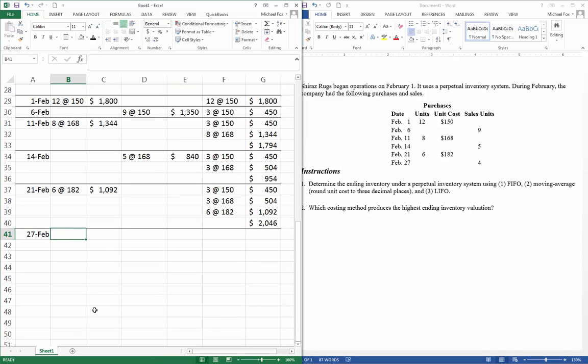Finally, on the 27th of February, we sell 4 units. And again, which one are we selling? Well, we're assuming we're selling the newest one, so the 182s.